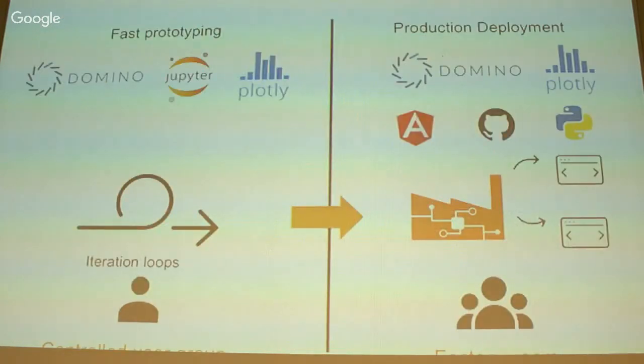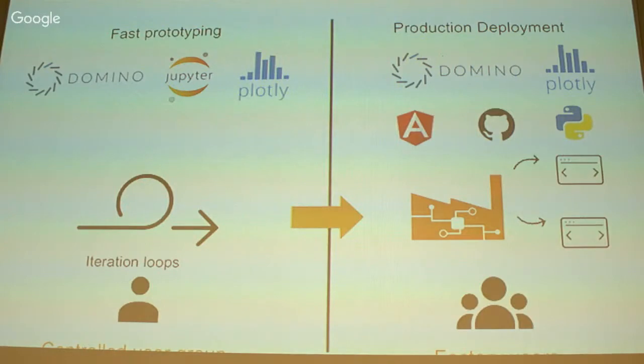And so data products development follows two different and parallel lanes. So we have fast prototyping, which is, well, this is the tech stack that we use for fast prototyping of applications. We have Domino, Jupyter, and Blockly.